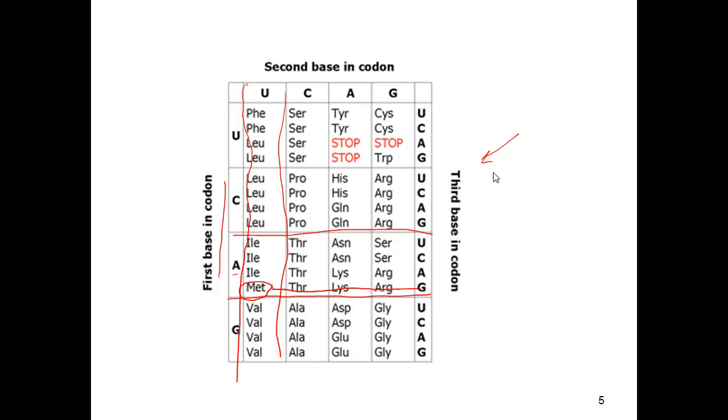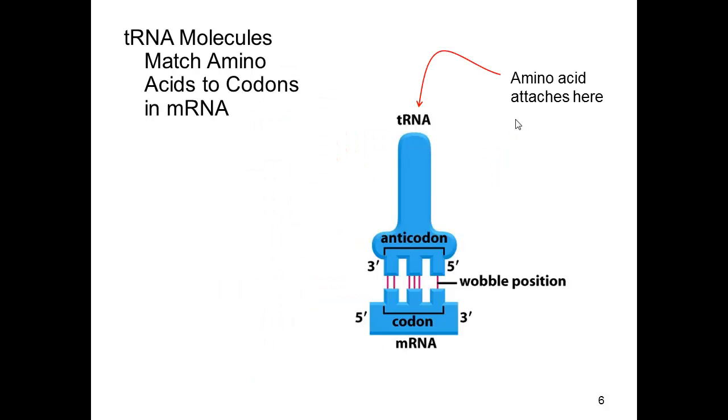Okay, on this slide we're introduced to the tRNA molecule, which is the adapter between the mRNA sequence and the protein, because each tRNA carries an amino acid on this end. The tRNA reads the mRNA code, and the group of 3 is called the codon.